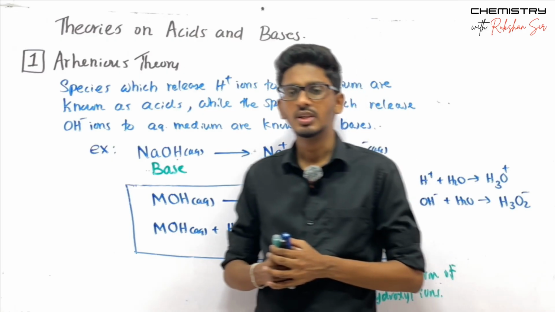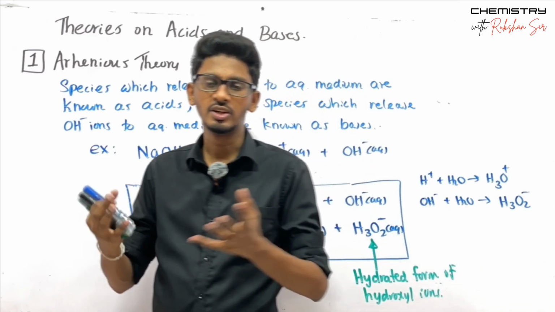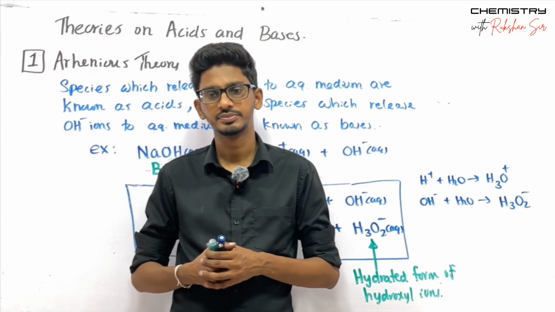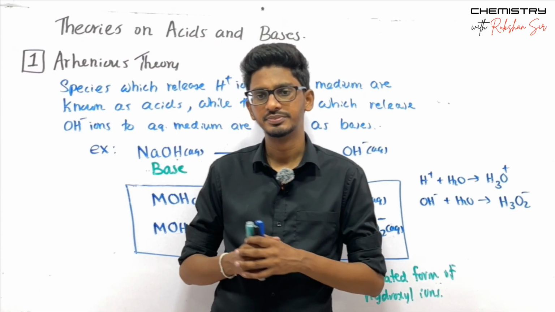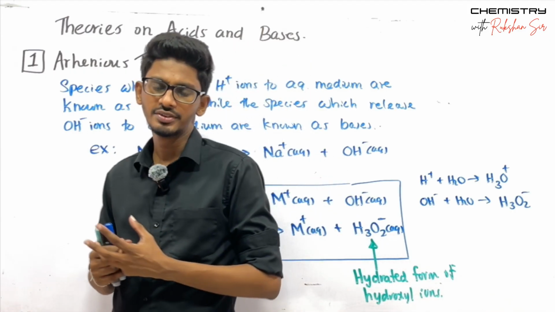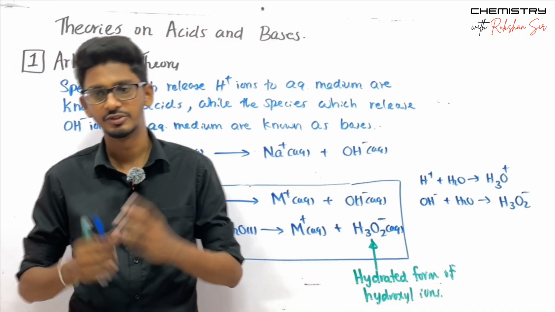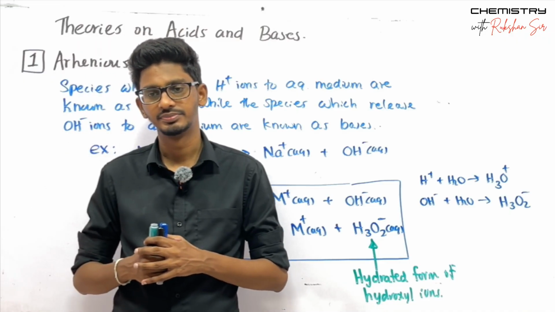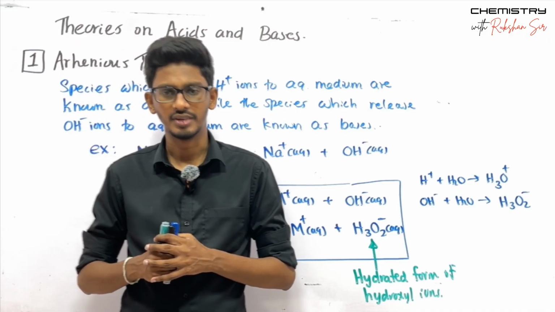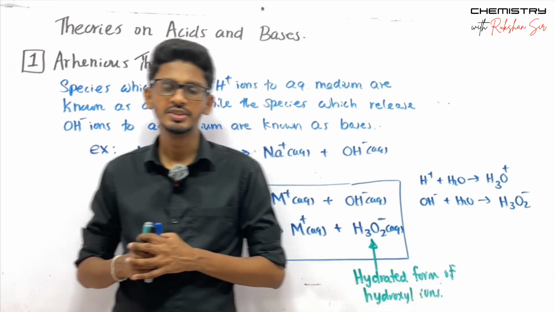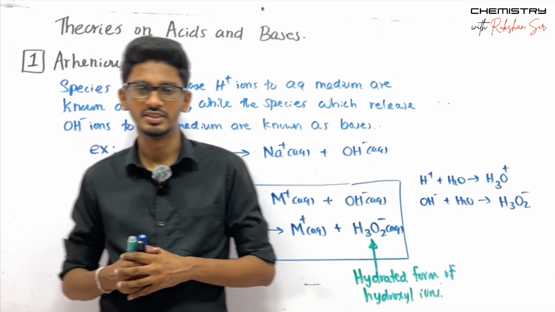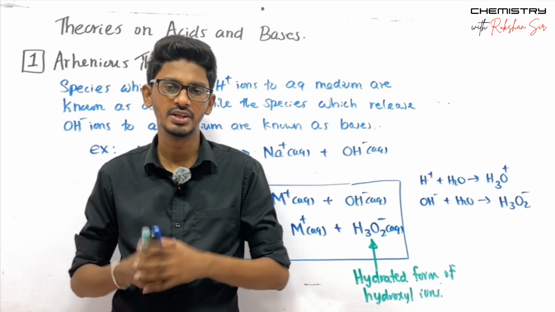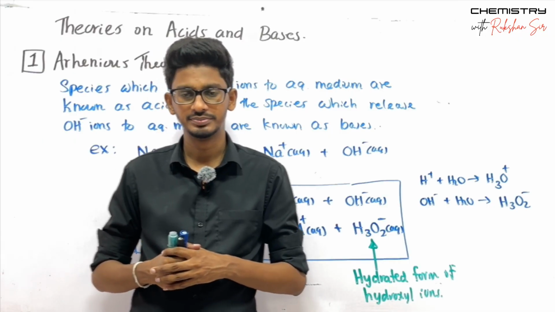Beyond that, let's think of such situations. If you are to think of NH3, NH3 is referred to as a base. But you won't see any OH minus part appearing with the NH3.